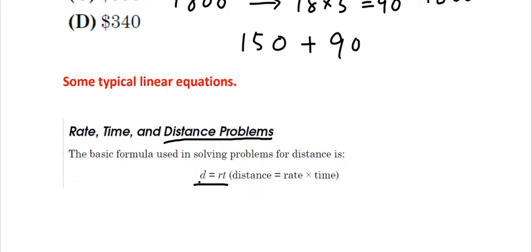Let's say in 1 hour, you can walk 5 miles. So this is your speed, right?